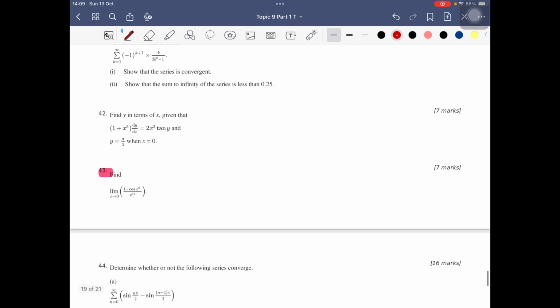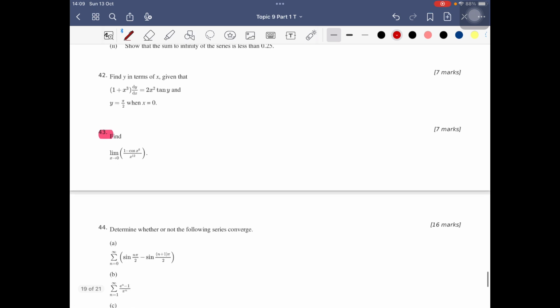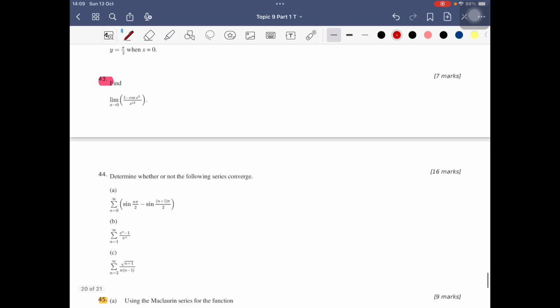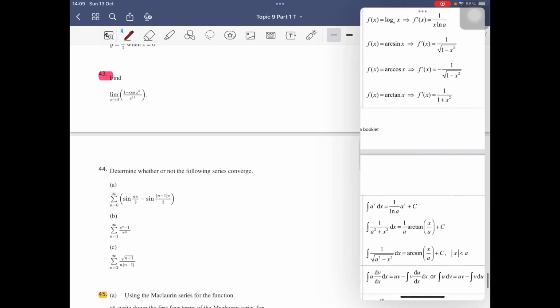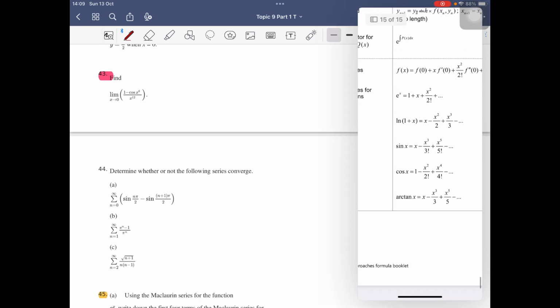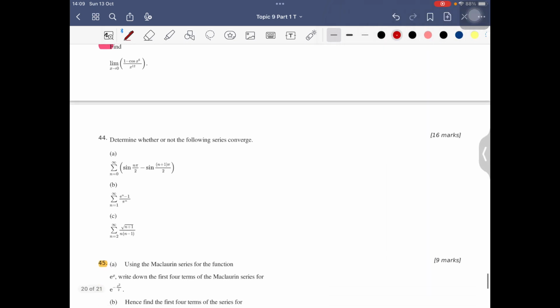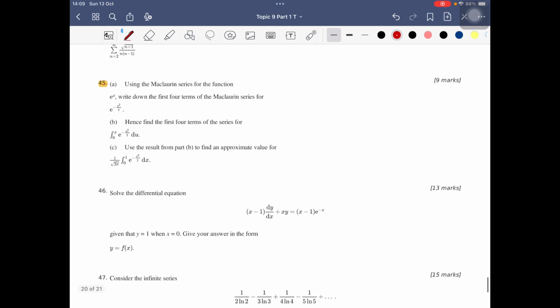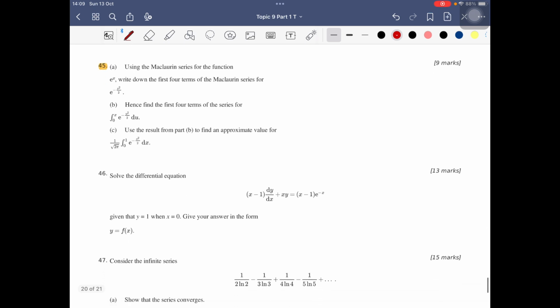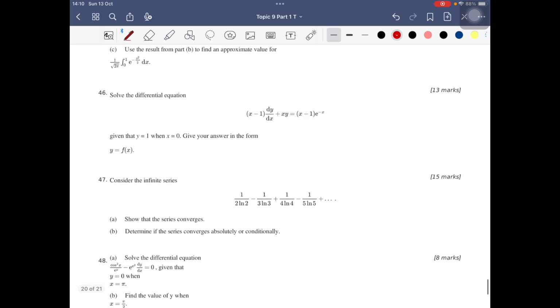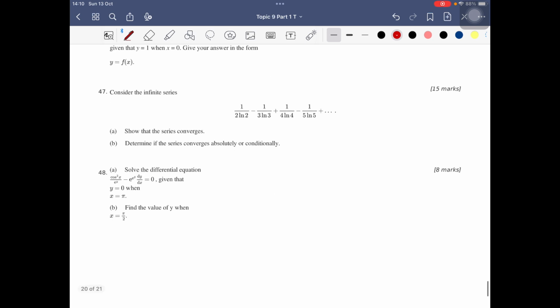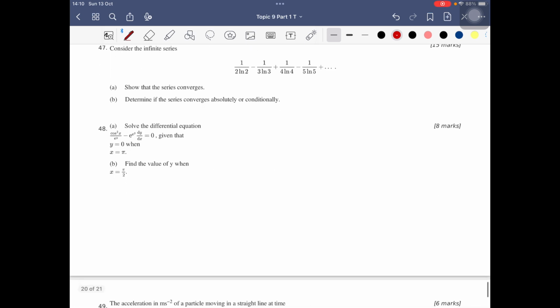Like number 43, we already have this cos x here, so we input x to the power of 6 into x, then we can solve it out. And 45, e to the power of x and e to the power of, okay. And 46, this is the integrating factor, you can find it.